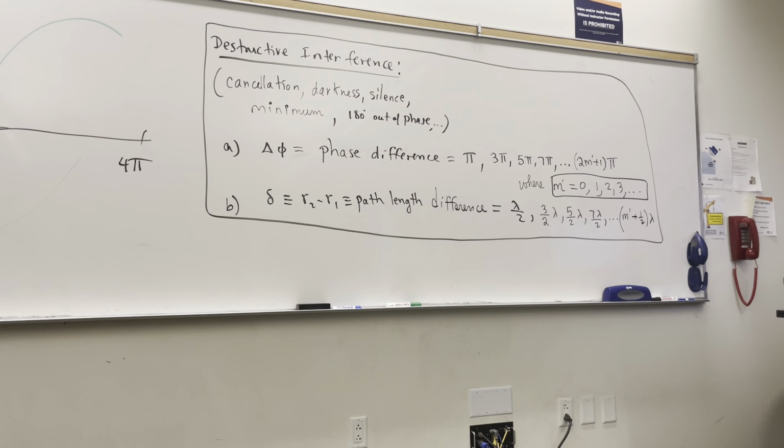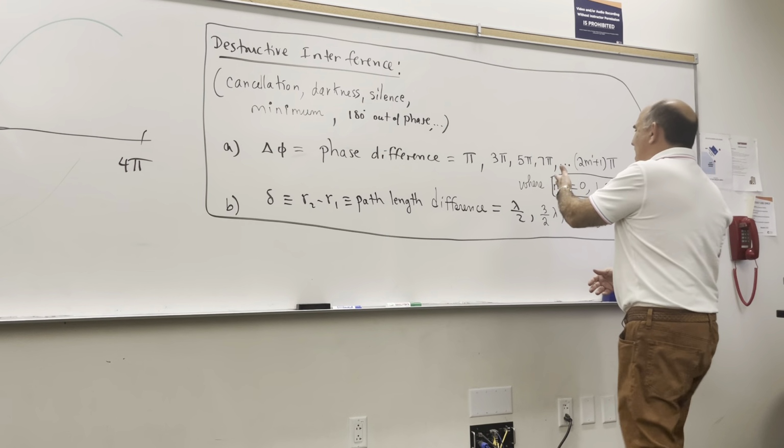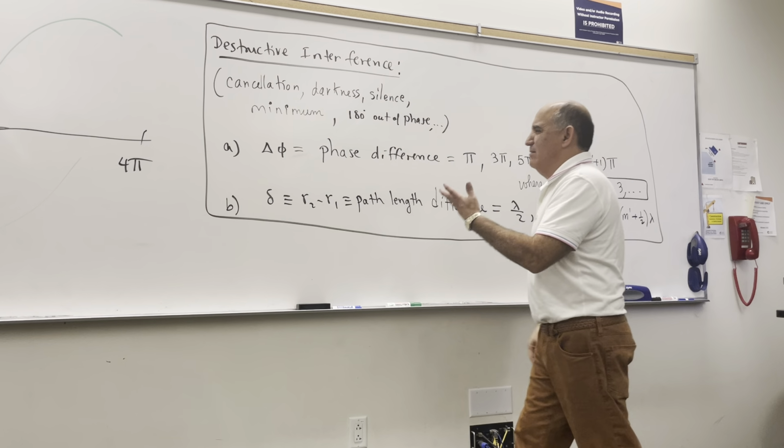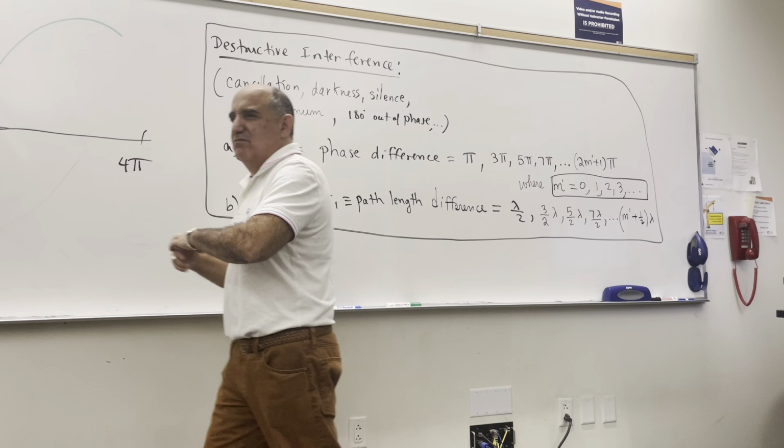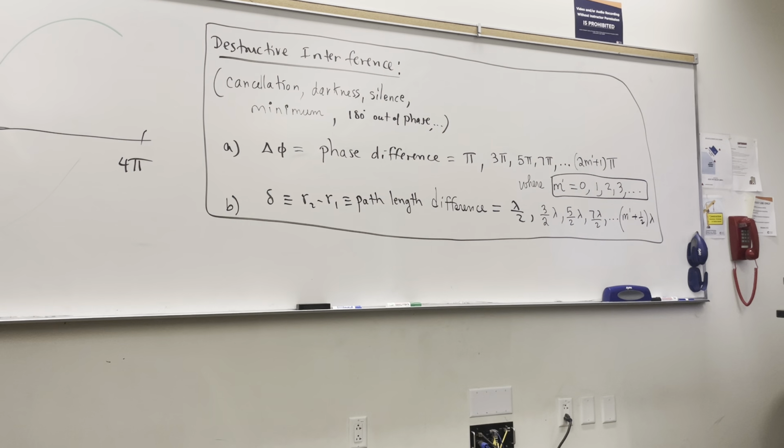So again, you see this on the board and you see pi's and m primes and m's and phi's and delta, and it throws you off right away. So spend some time thinking about what they mean. Like, what do you mean phase difference? Just think of one wave advanced relative to the other one.